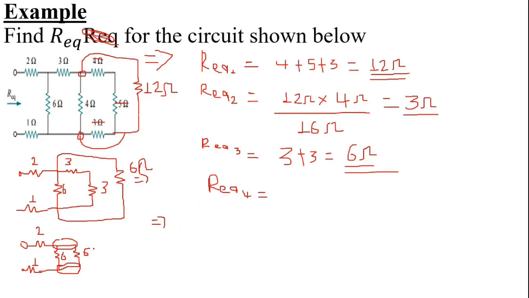So 6 times 6, which is 36, over 6 plus 6, that is 12. So this can be 3 ohm.